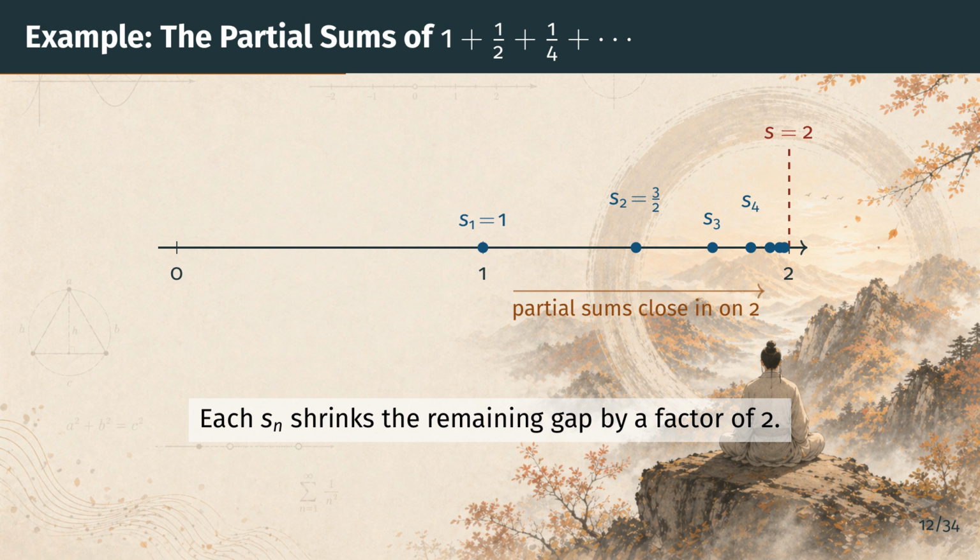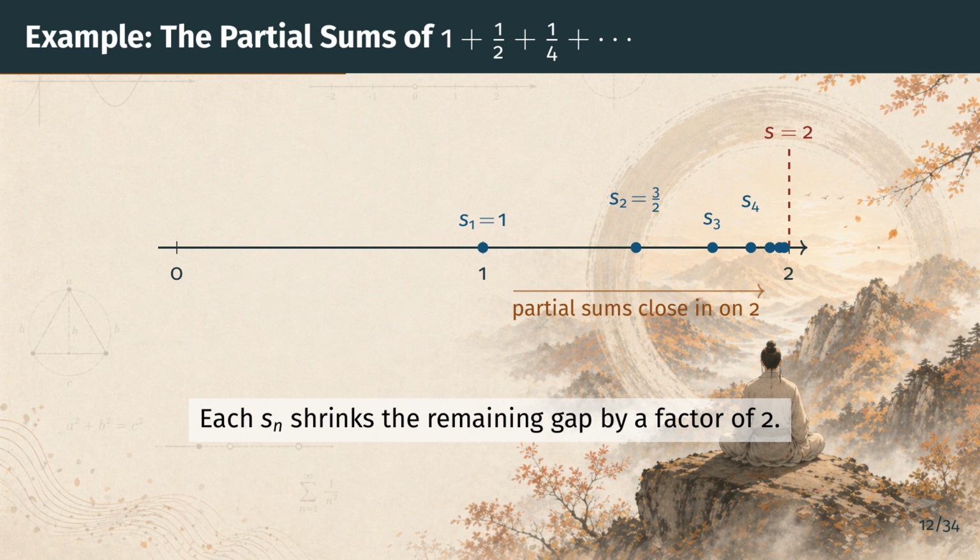Reading the blue dots from the left, S sub 1 is 1, S sub 2 is 3/2, S sub 3 is 7/4, S sub 4 is 15/8, and so on. Each partial sum lands exactly halfway between the previous one and 2. The amber arrow underneath captures the motion.